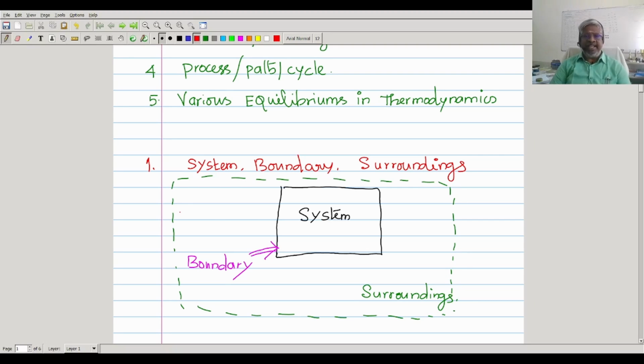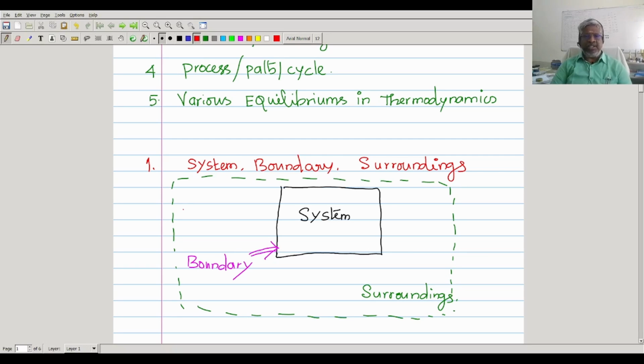In the same equipment, if two engineers define the system in different ways, they will get different answers. So the identification of the system is very essential in studying thermodynamics. If you do not understand properly what the system is, then your calculation is going to give wrong results. There is going to be an error in it. So the understanding of the system is very essential.